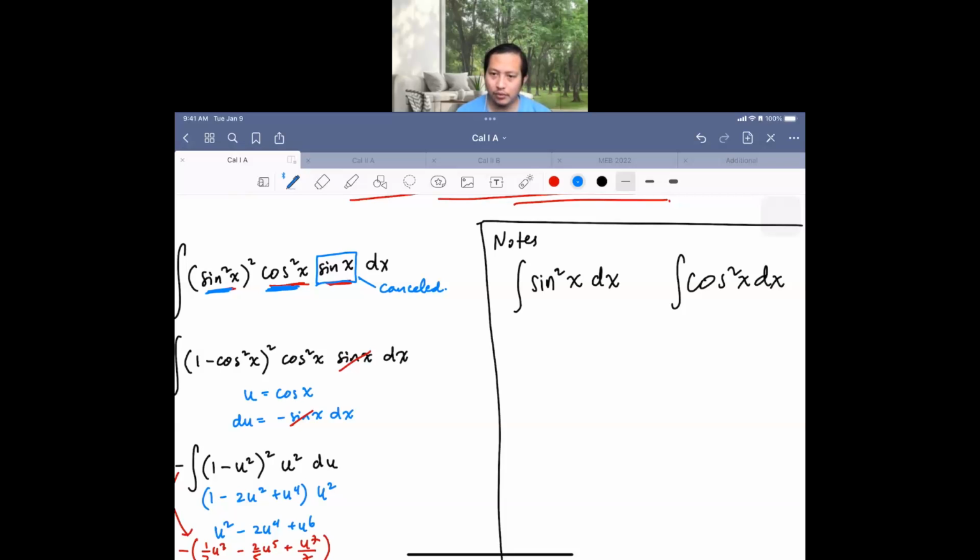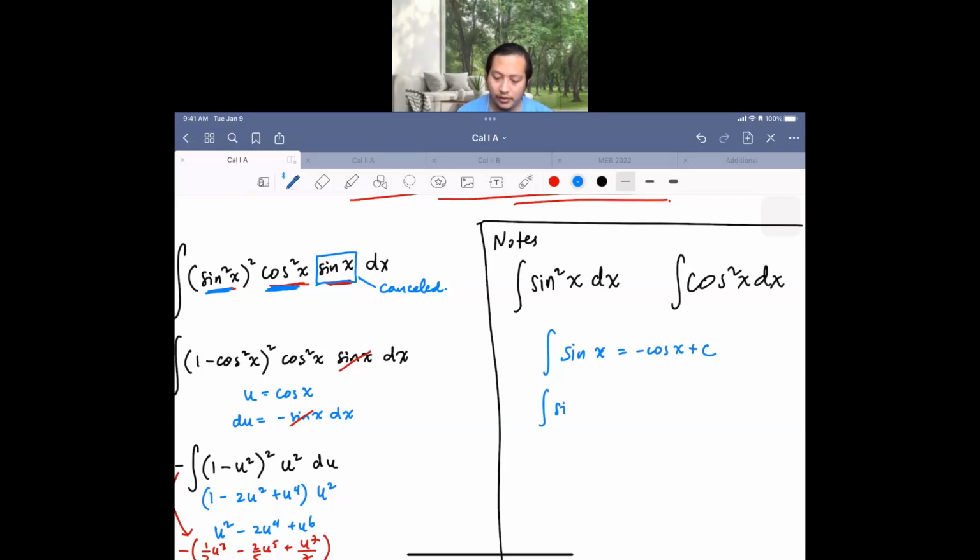So perhaps we need some simplifications, right? If you remember, the integration of sine x easily becomes negative cos x, right?